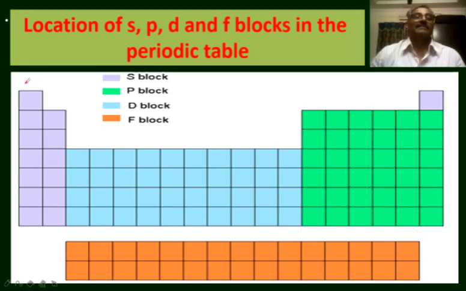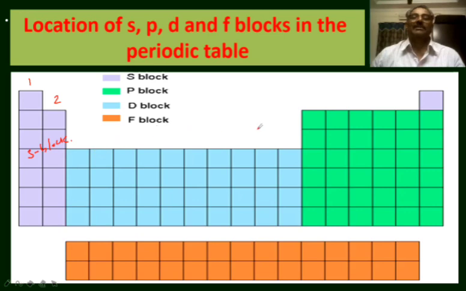So the elements of the first group and second group together are said to be the s block elements. The s block elements lie at the left side of the periodic table. The first two columns in the periodic table are s block elements.